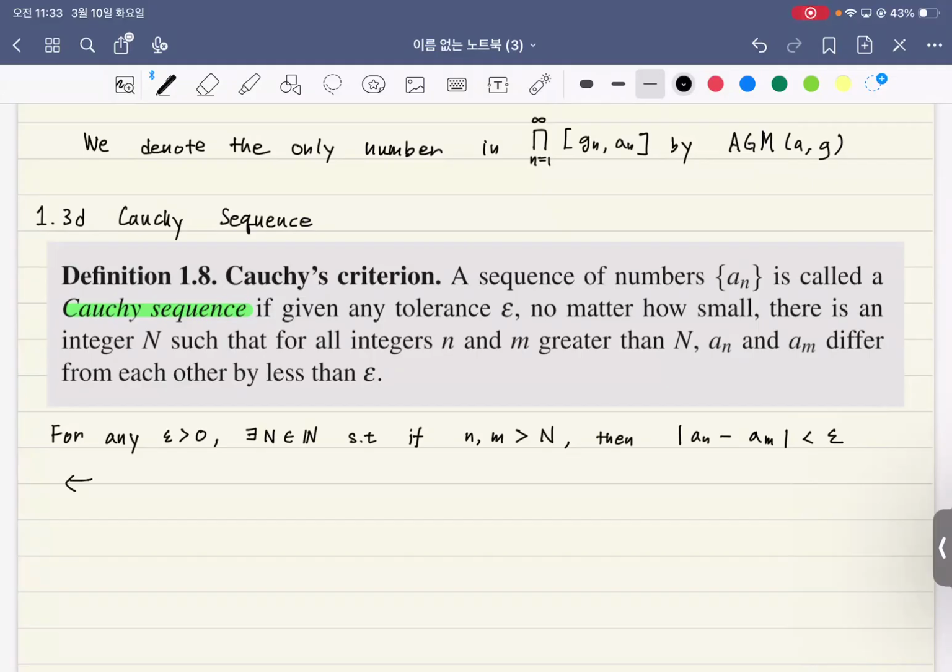This is the definition of a being Cauchy. What do you think of this definition? It looks somehow familiar to us. This almost looks like the definition of a converging sequence, right?